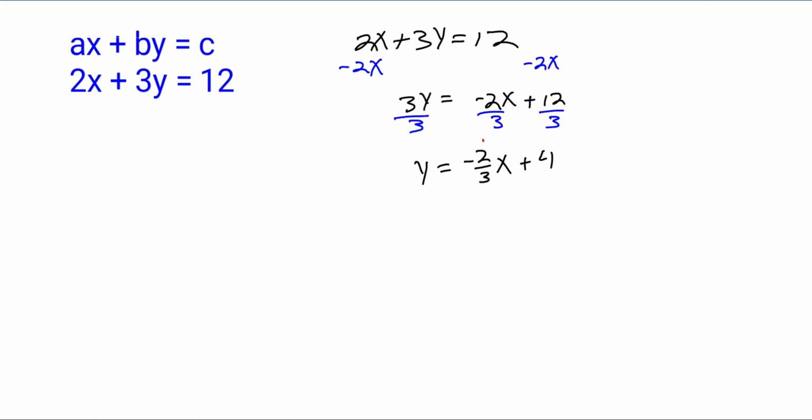And I get negative 2 over 3 because 2 is over 3 when we divide everything by 3. And since we had to move the 2x to the other side of the equal sign by subtracting, it changes the sign. So that's why we get a negative sign and a 2 over 3.